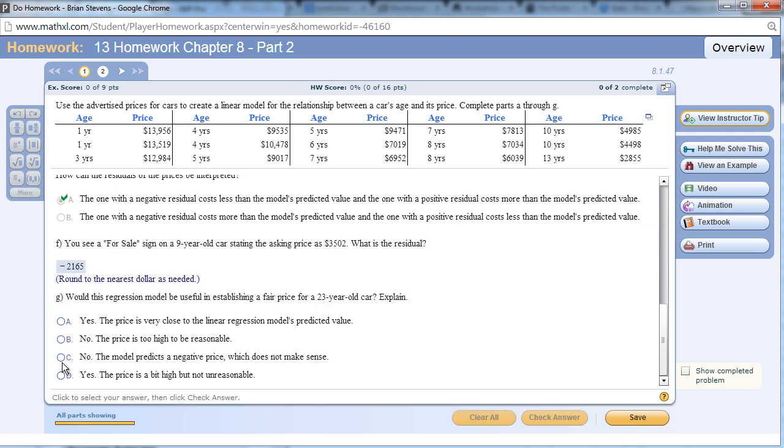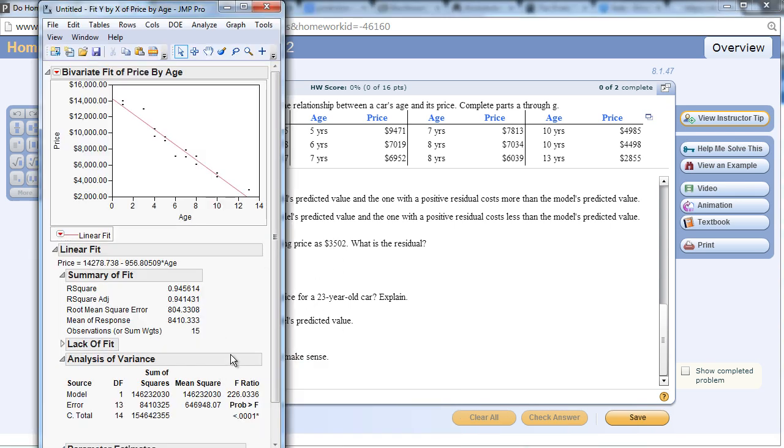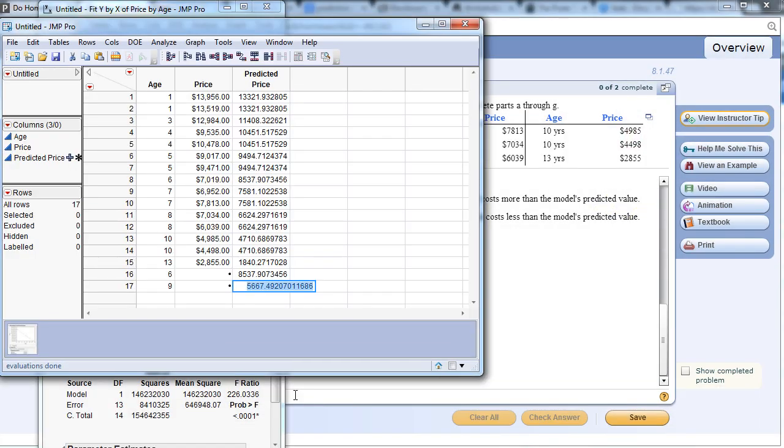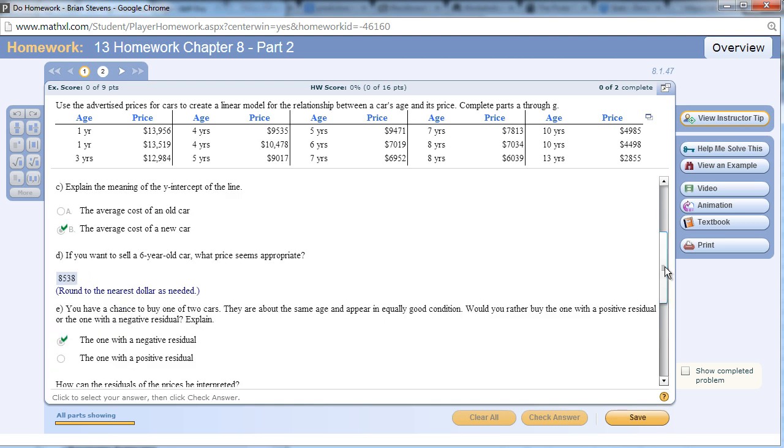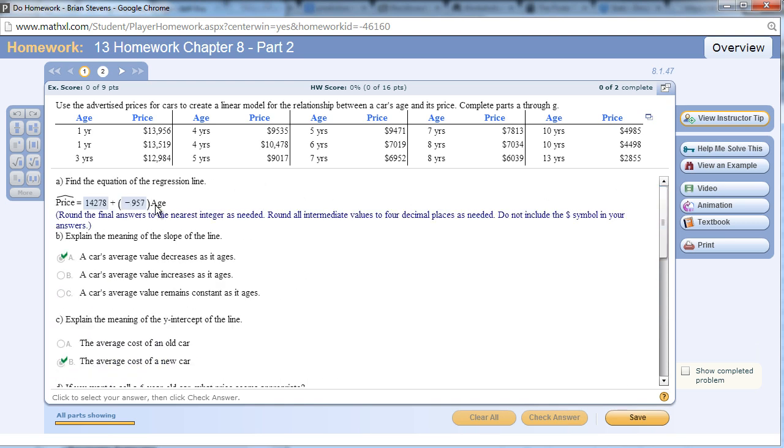Once again, residual is actual minus predicted. We know the actual price. We had to find over here the predicted price of a 9-year-old car using our data set. If you wanted to do that by hand, you can plug 9 into your equation and you'll get the same number. That's a good way to check to see if you're ready for the test, because you won't have JMP on the test.